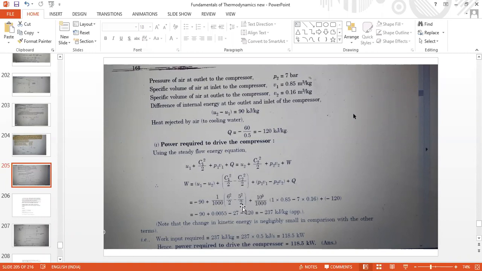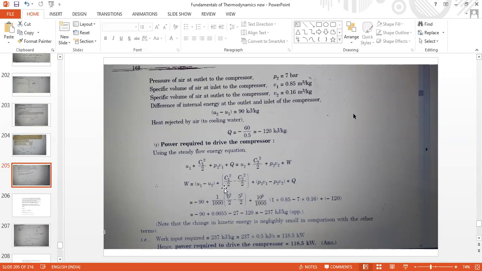And P1 V1 minus P2 V2: P1 is 1 bar and V1 is 0.85 meter cube per kg, and P2 is 7 bar, V2 is 0.16 meter cube per kg.